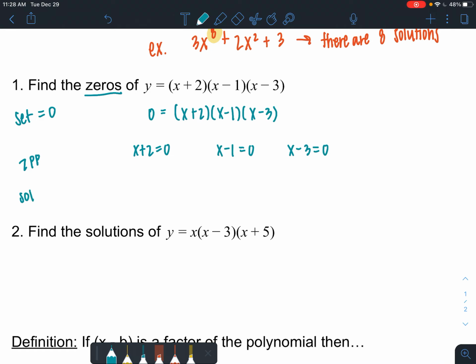And then the step 3 is solve. So we subtract 2 from both sides, x equals negative 2, add 1 to both sides, x equals 1, add 3 to both sides, x equals 3. So the 3 solutions are negative 2, 1, and 3.